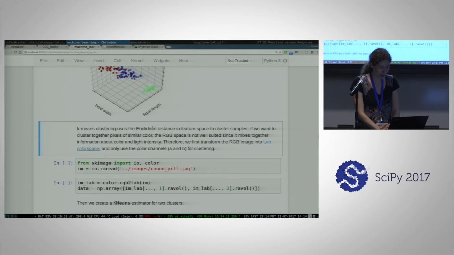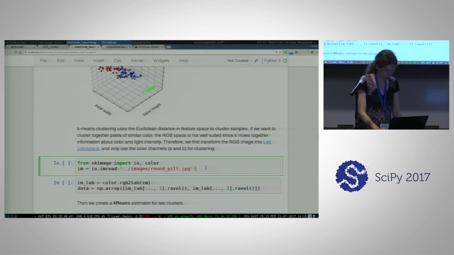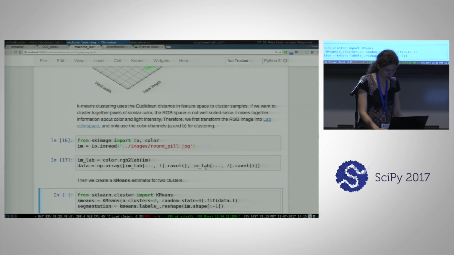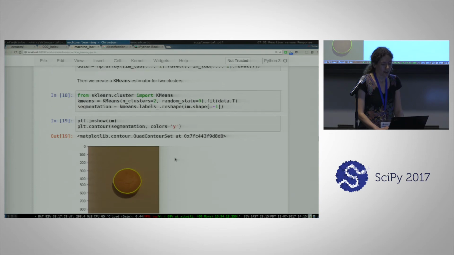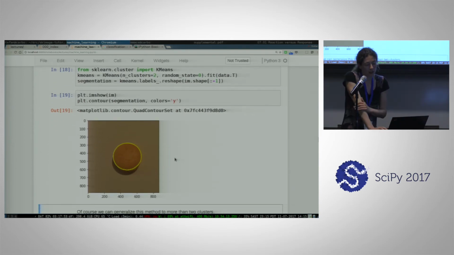So how can we use k-means clustering for segmenting our image? We will use as a feature the color vector, but we will not do this in the RGB space. Why? Why don't we use the feature vector in the RGB space?